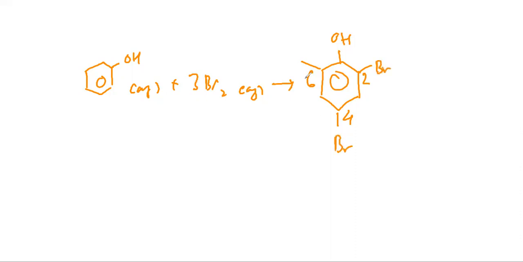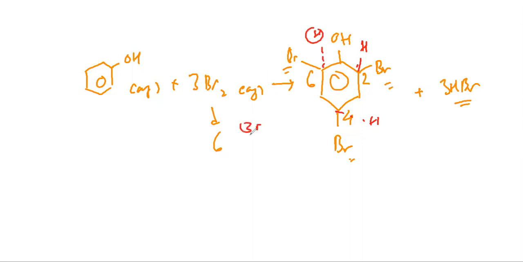So you have a 3Br, and then you have 3HBr. How do I get 3HBr? Because each H substituted by Br is 3, so the total is 3, and then you have a 6Br here. You already entered 3Br, and the other Br will join with 3H to give 3HBr. The 3H is from number 1; you have H here, and H and then H. So these H will join with the remaining 3Br.